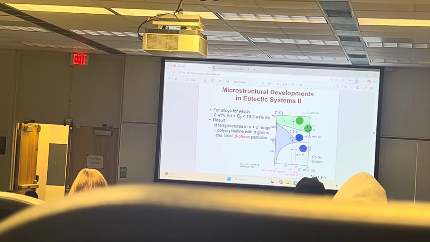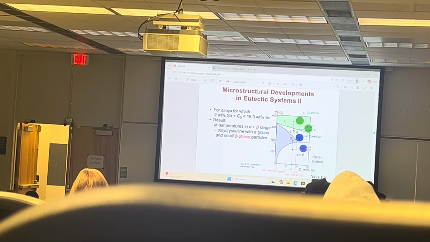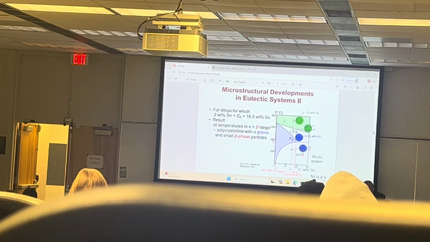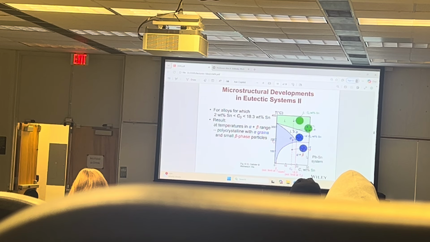You see? This is the alpha phase, shown here as blue, and then we're going to precipitate the beta phase, the pixie dust. Why? Because 18.3% is the solubility limit of eutectic. You see 2% to 18.3%.